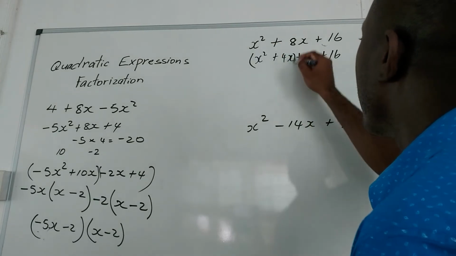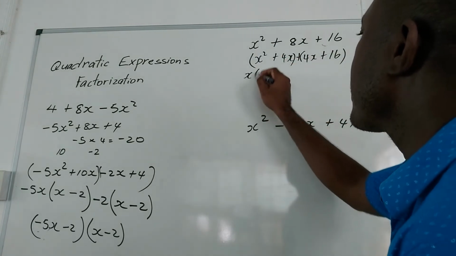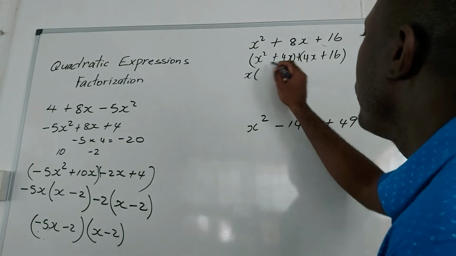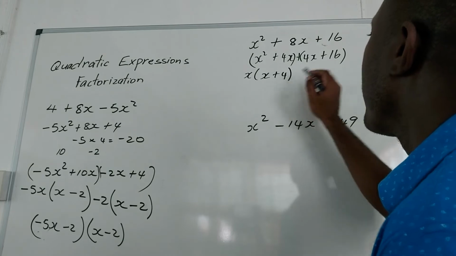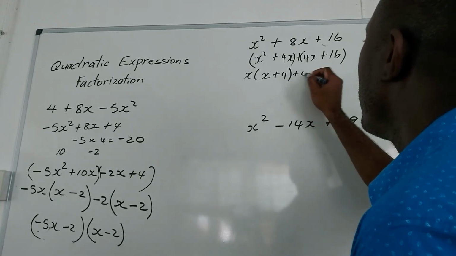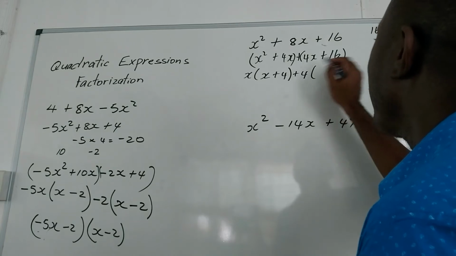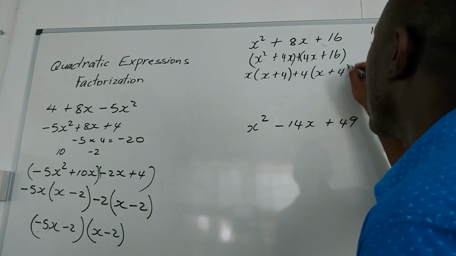We group and factorize. Here our common factor is x, and when we factor out x, we will have x plus 4. Our common factor here is 4, and when we factor out 4 by dividing, we will have x plus 4.